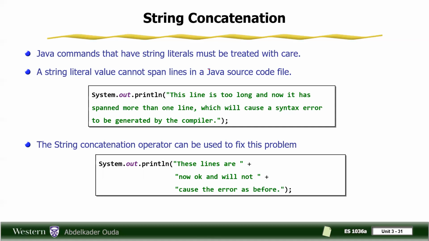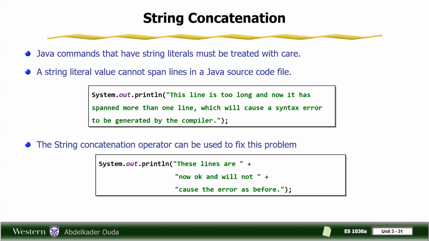This line is too long and now it has spanned more than one line, which will cause a syntax error to be generated by the compiler. The string concatenation operator can be used to fix this problem.